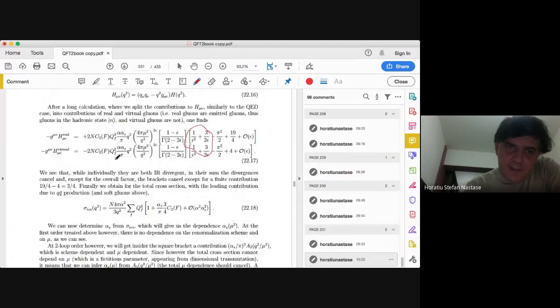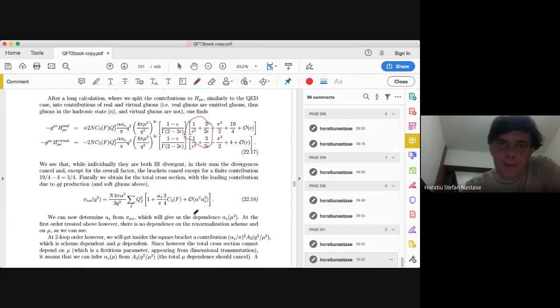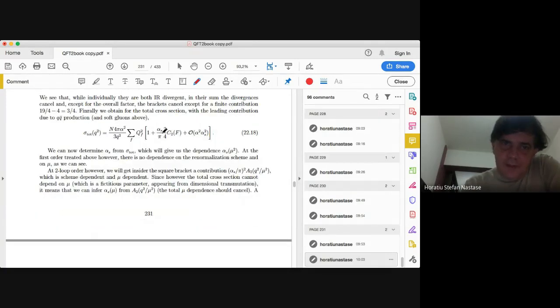So that gave the alpha squared from the tree result. I put here a correction to the tree result. So the tree result would be this, but then I have 1 plus this combination: 1 plus alpha strong over pi times 3/4 C2F.